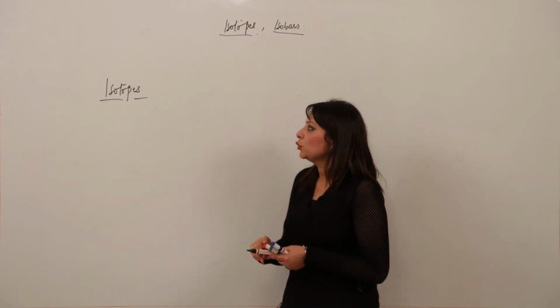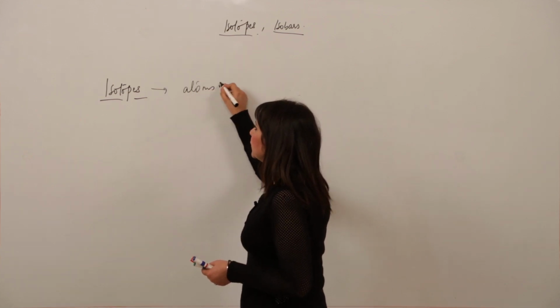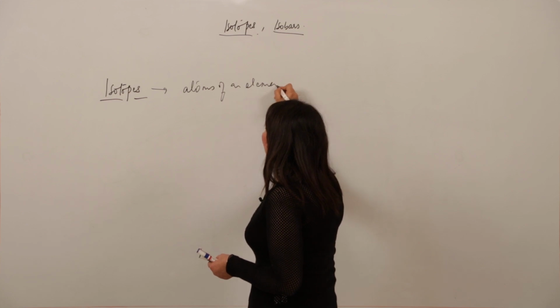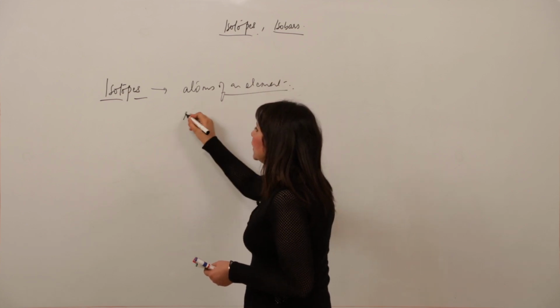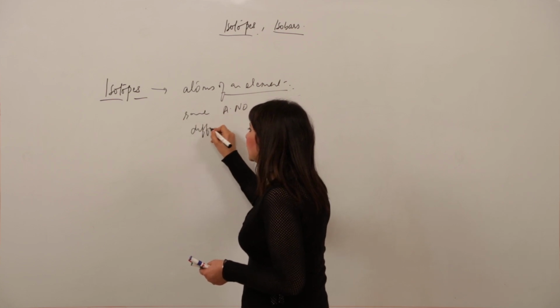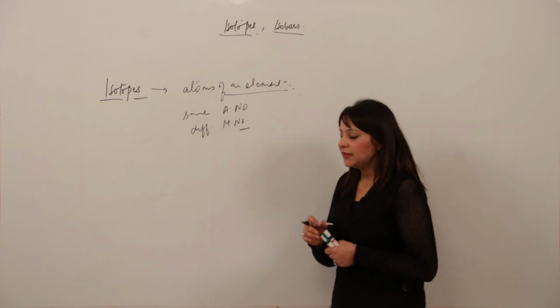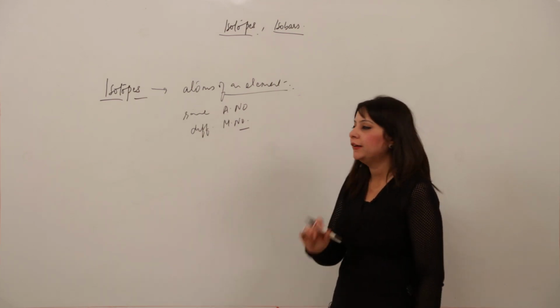So what are the isotopes? Isotopes are actually the atoms of an element which have the same atomic number but different mass number. I'll take an example, then this will be clear in your mind.